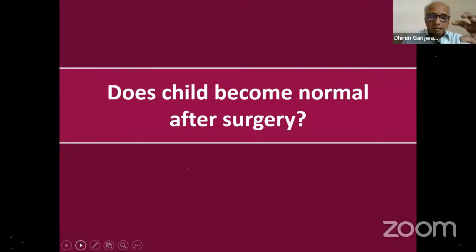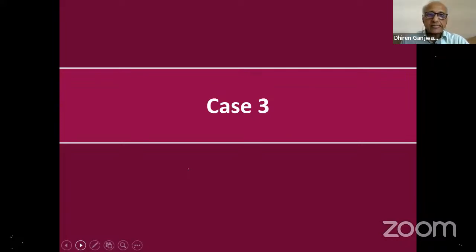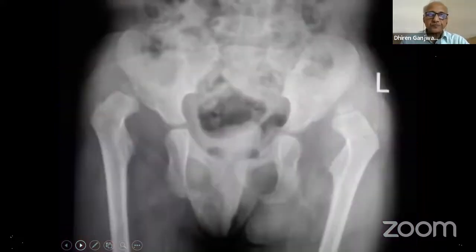So the next question we need to answer is that even after doing all these, does child become normal after surgery? That's the question we want to discuss and we need to understand. So for that, let's see the case 3.